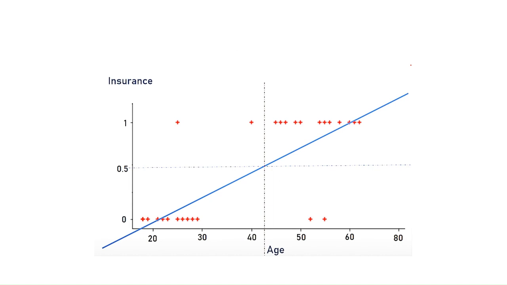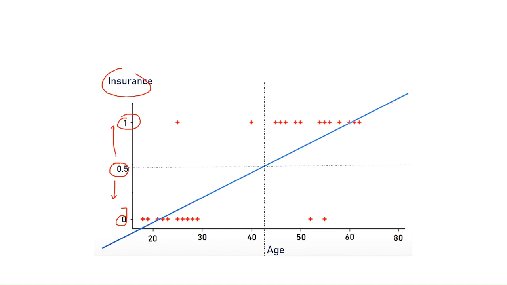It's actually meant for prediction, but we are trying to use it for classification. Now, how will you classify? The data point should be classified as class 0 or class 1. For that purpose, there should be a threshold value. All the values above this threshold will be classified as class 1, having insurance, and all the values below that threshold will be classified as class 0, not having insurance.